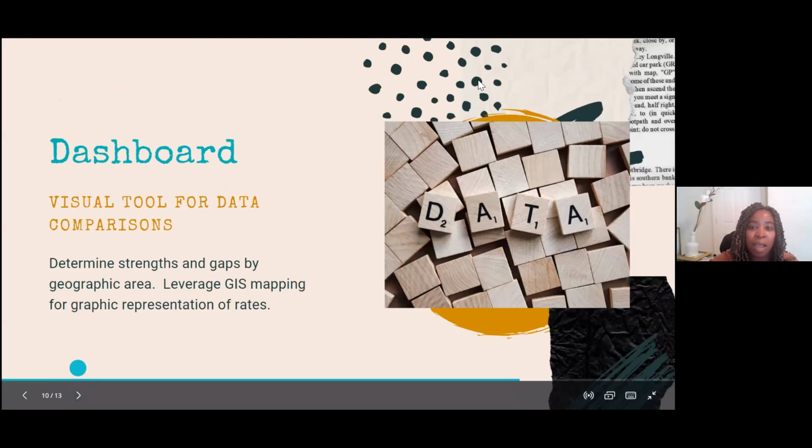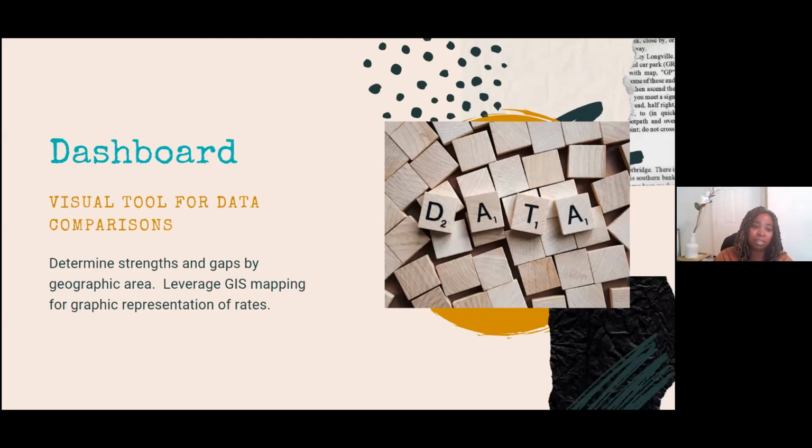And then, so moving on to what the reporting looks like, you'll have this Excel sheet that you can transform into some kind of visual tool for data comparisons. So that's your opportunity to really analyze and determine how each of the indicators are performing, which indicators are below national and state averages, which indicators are performing better than national and state averages, and depending on your chosen tool, with Excel, you can start color coding numbers so that they stand out to you quickly.